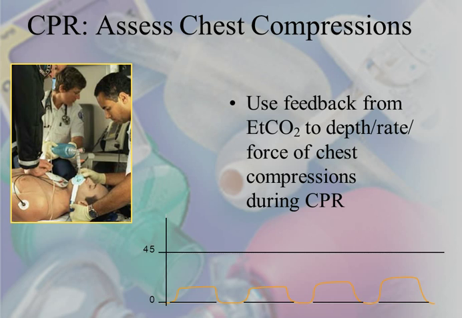You can notice that it's a very low end-tidal CO2, and then progressively it was getting better. And that could be because of your chest compressions. So if you're not doing good chest compressions, it's going to remain low, versus doing good chest compressions and making sure that your tube's in the right spot. Essentially, your end-tidal CO2 is going to increase to where you want it to be, in that 35 to 45 range.